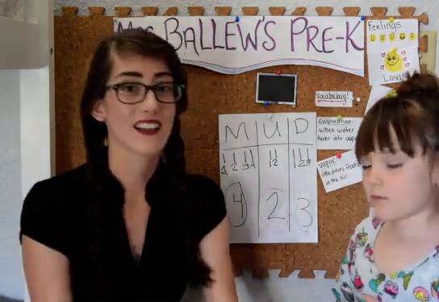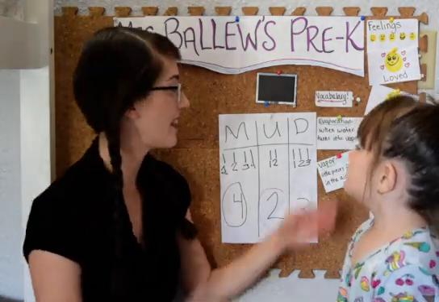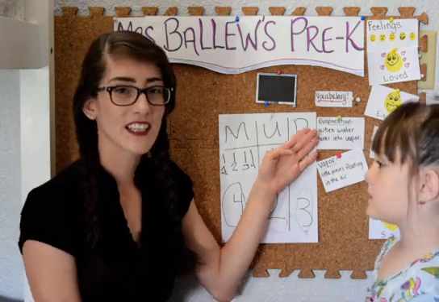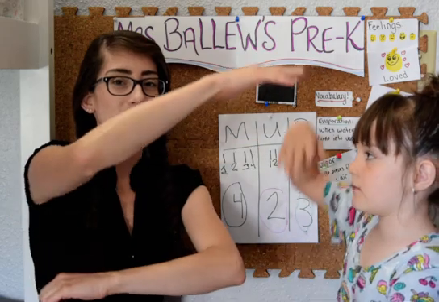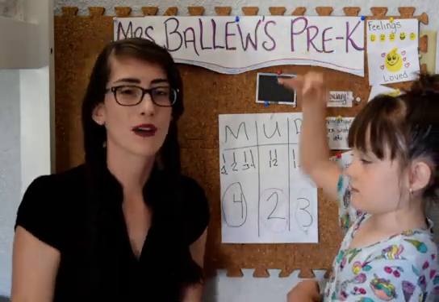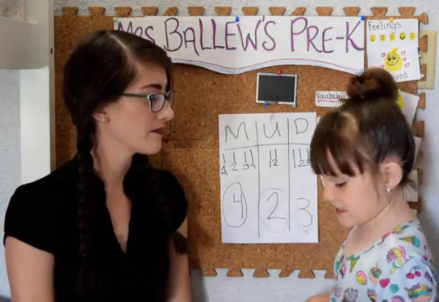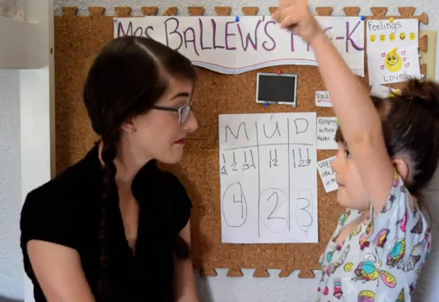Today we are going to learn another big word that's the next part of the water cycle, and that word is evaporation. Try that with me. Evaporation. What do you think that word means? I think it means that water goes up. Yes.